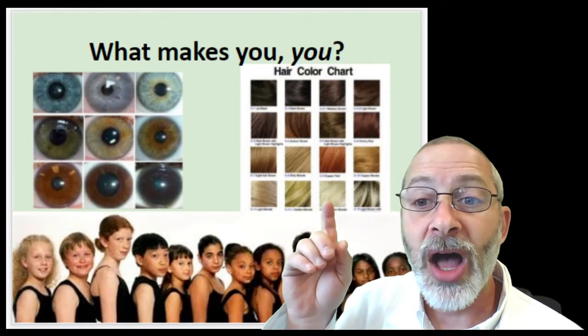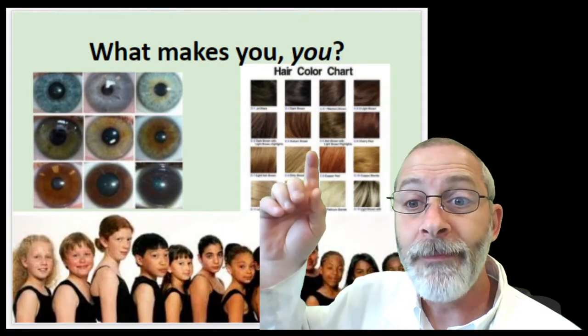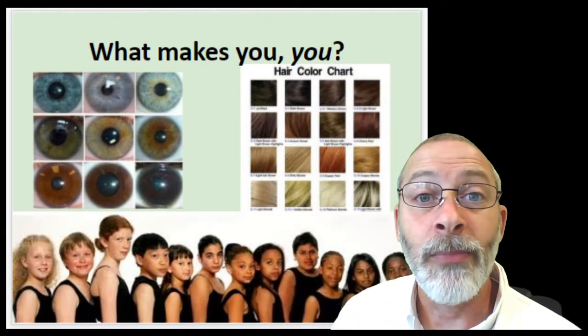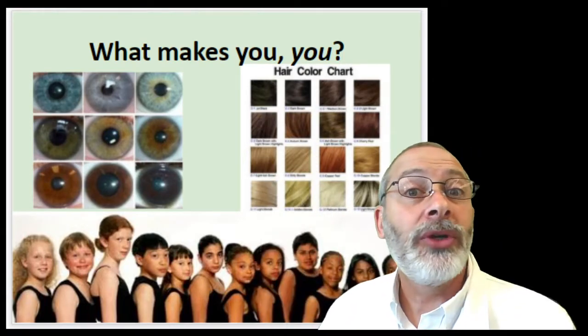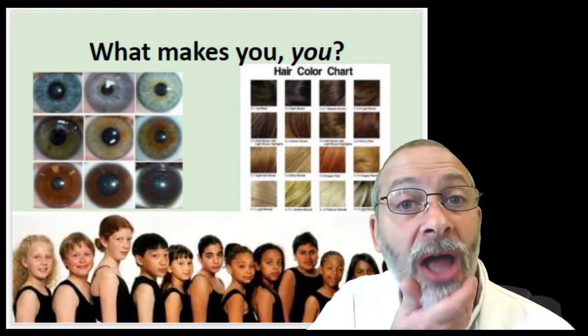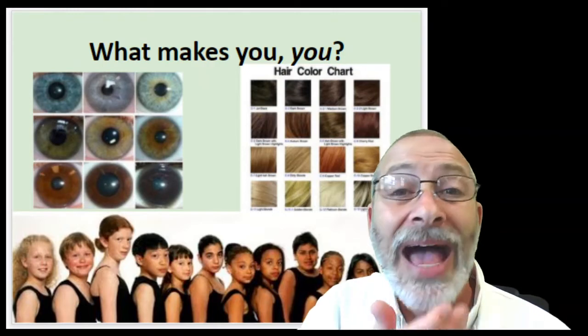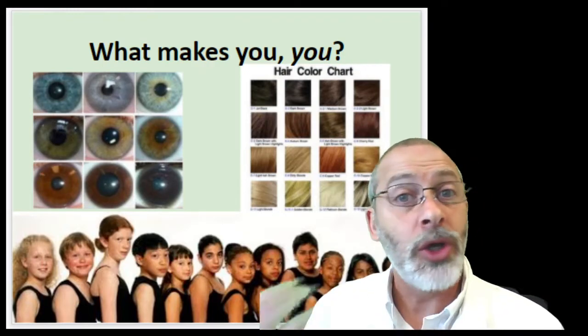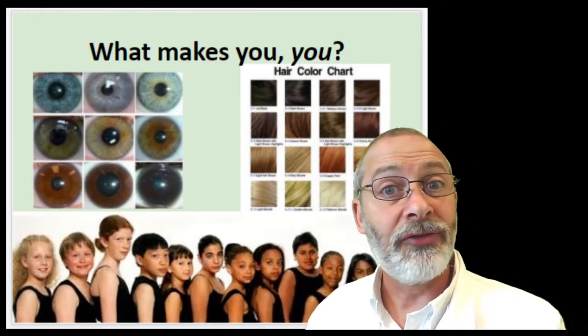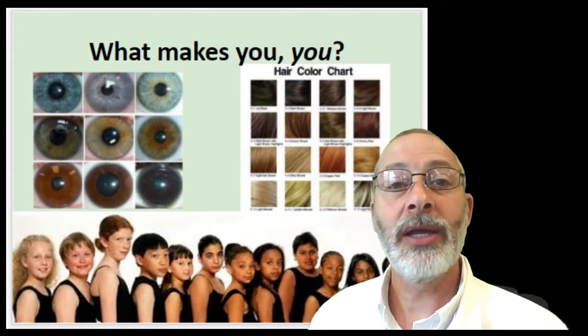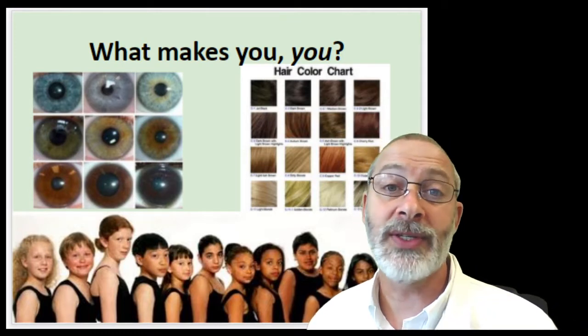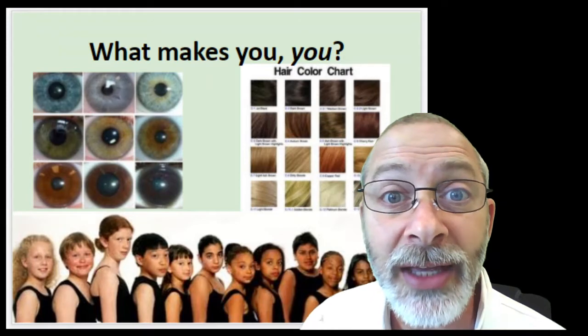As I grew up, it became more brown. And now the older I get, it's going back to blonde again. I'm becoming more of a platinum blonde. So, throughout your life, your hair color can change, and it's based on genetics.